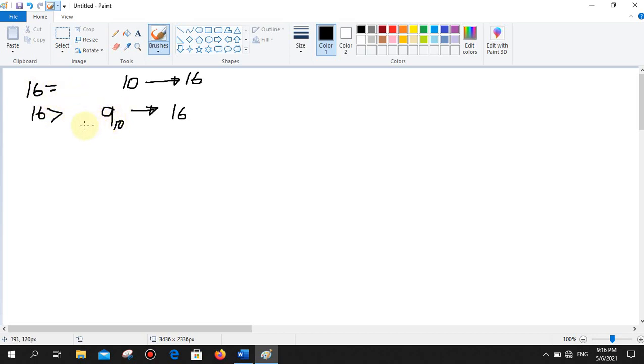You can see it is less than that, and the number range in hexadecimal is 0, 1, 2, 3, 4, 5, 6, 7, 8, 9, A, B, C, D, E and F.